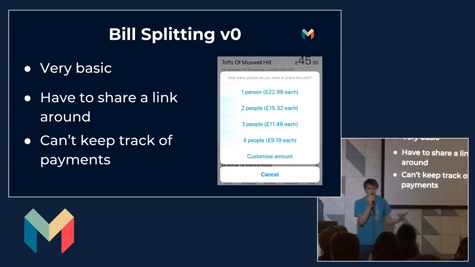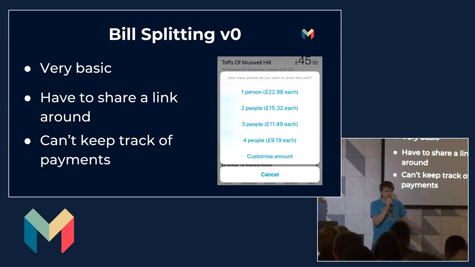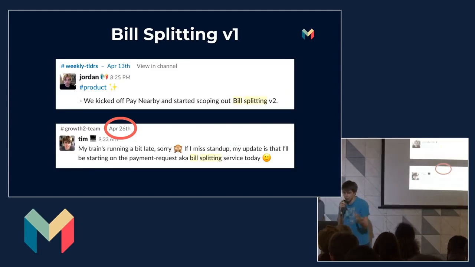This is all part of we're trying to make Monzo better with your friends, so that you refer your friends to Monzo. You're all on there together, and it's the one place where you can manage all of that and all of your money.